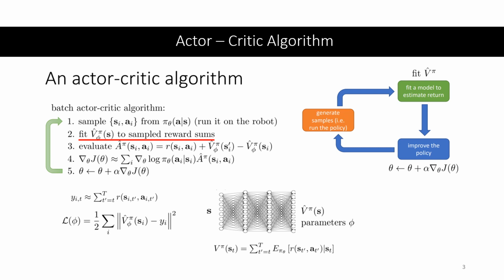In the next step, we use gradient descent on the loss function. With step 5, we improve the policy by updating the parameters, and then with the new parameters we go back to step 1 and generate new samples in the model. Then we update the parameters and get the optimal policy.